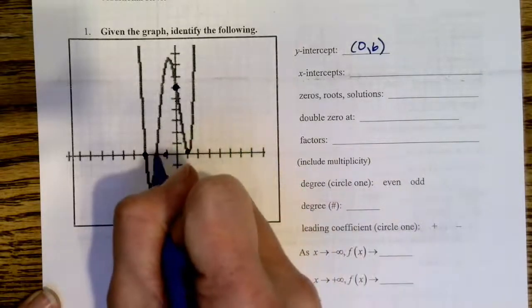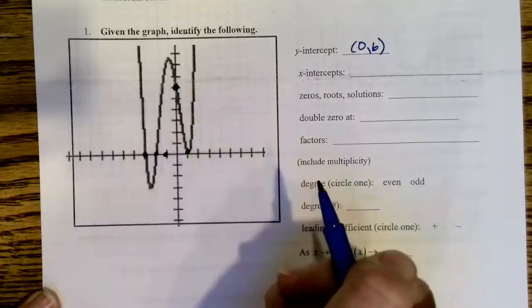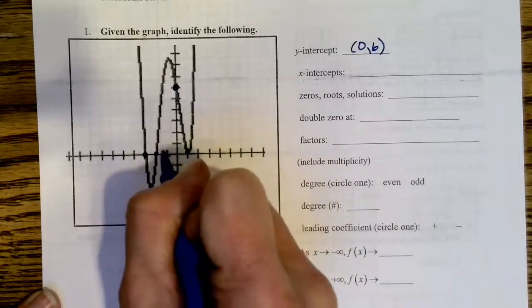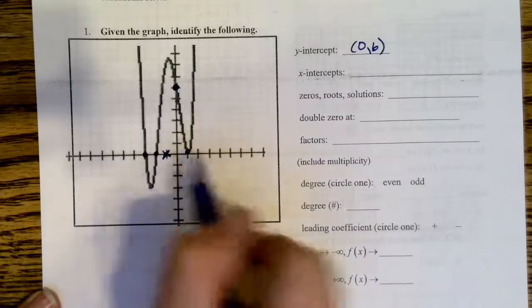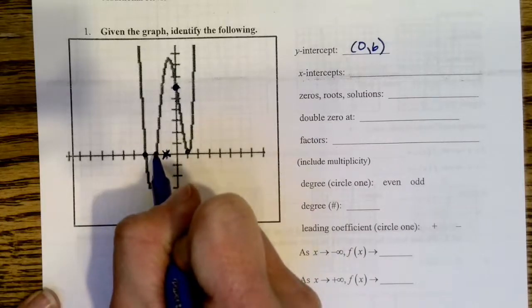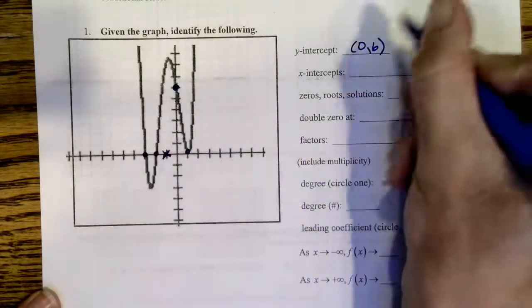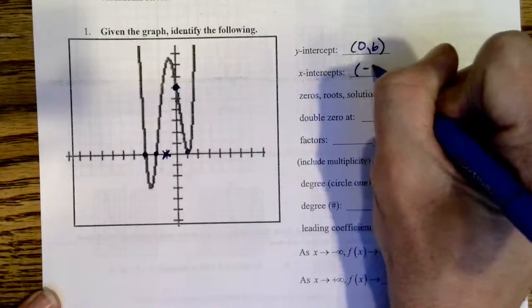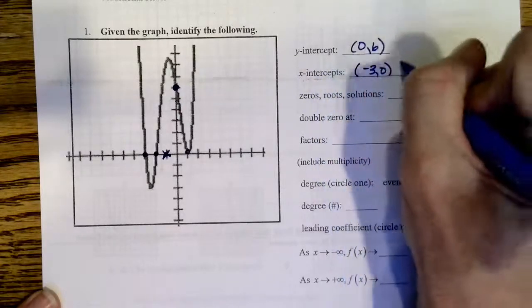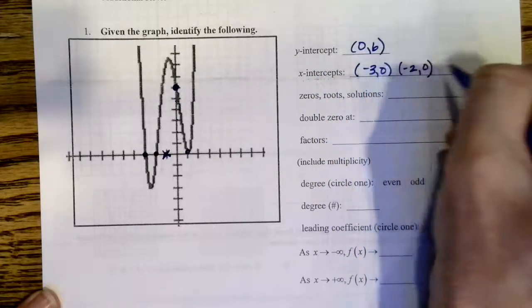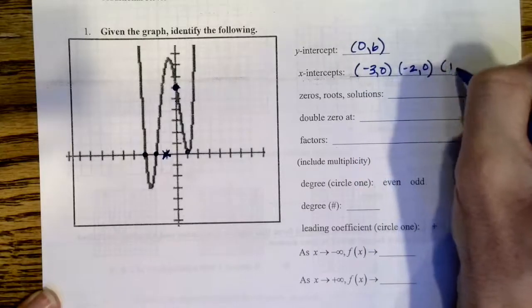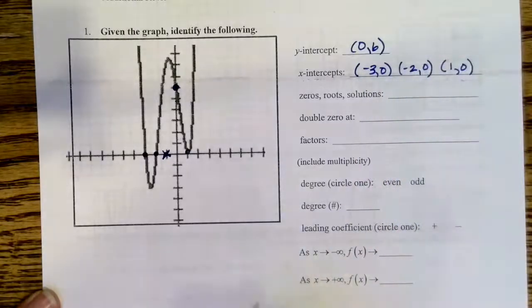Oh, I forgot this one. That's not. Okay. So 1, -1, -2, -3. So it looks like over -3 up 0, over -2 up 0, and over +1 up 0.